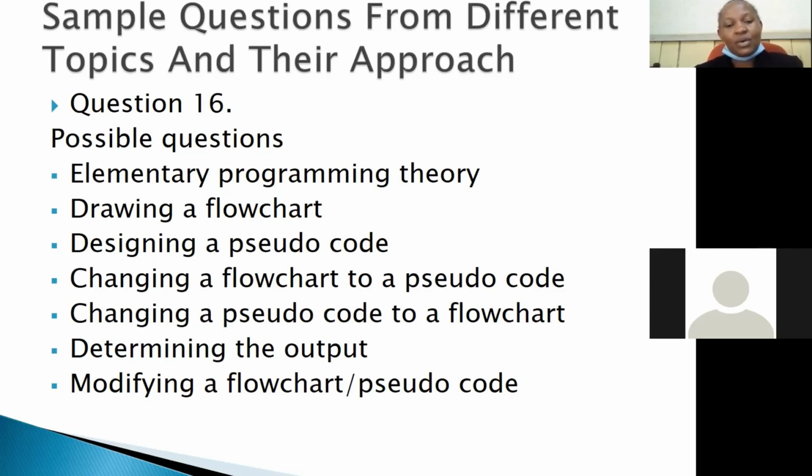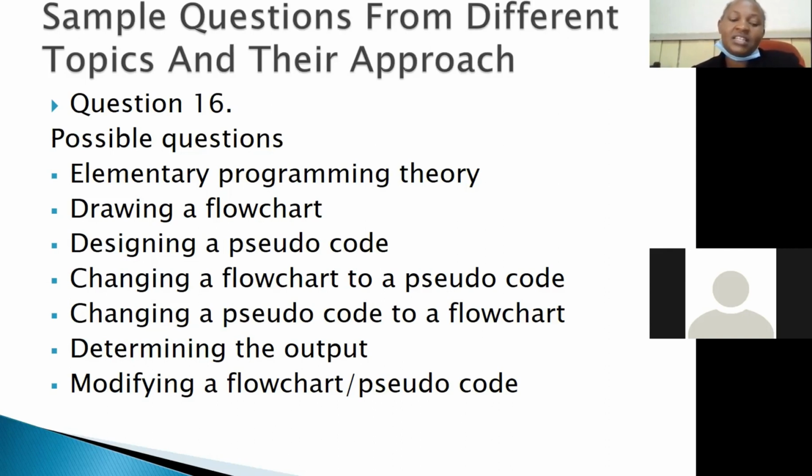Again, as you are putting the symbols and the text, you should be keen on the control structure. Because if the control structure is used and you don't use it correctly, you end up losing a mark for logic, because your flowchart loses logic. On the same point, when changing a pseudocode to a flowchart, make sure that the control structure is well put.